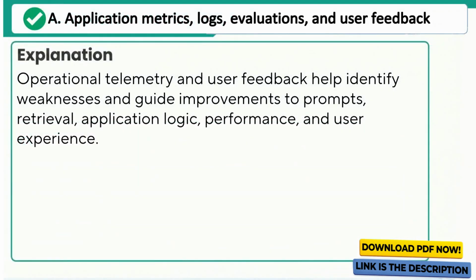Correct answer. A. Application metrics, logs, evaluations, and user feedback. Explanation. Operational telemetry and user feedback help identify weaknesses and guide improvements to prompts, retrieval, application logic, performance, and user experience.